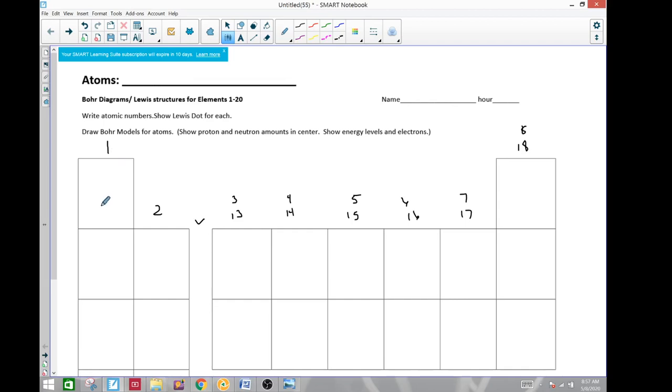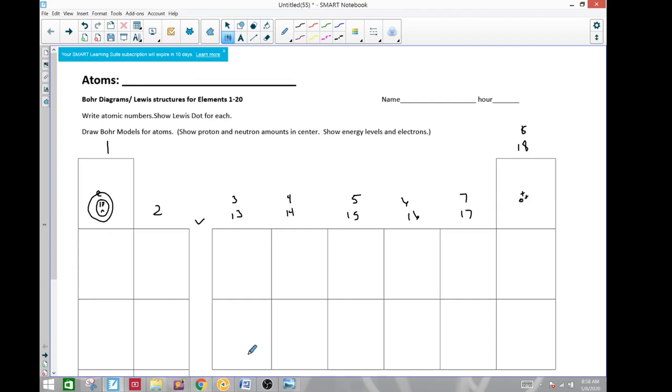Hydrogen is just going to be one proton, and it's got neutrons. The neutrons can vary. So I'll just put neutrons here, and nucleus, one energy level, and one electron. Okay, here I have two protons. I got a neutron. I don't know how many.